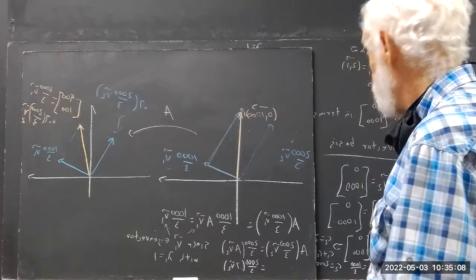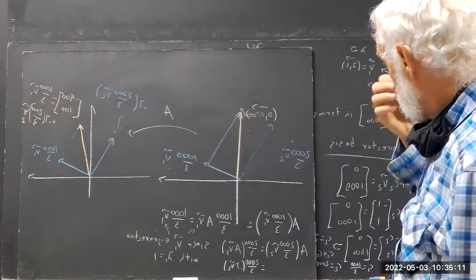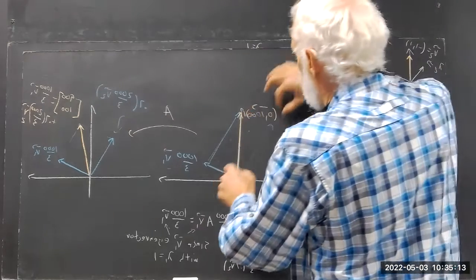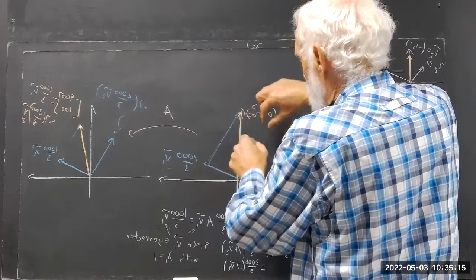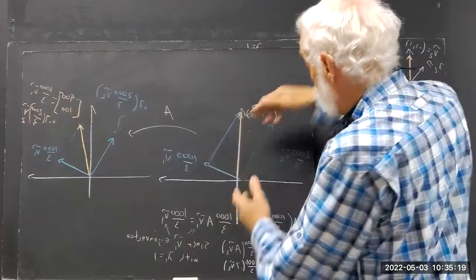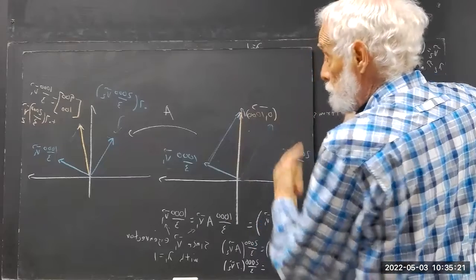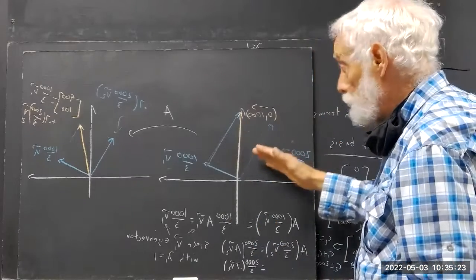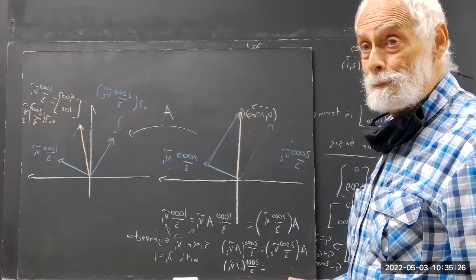Now, geometrically, what's happened is that the component of this vector in this direction never changes. The component of the vector in this direction always shrinks by 70%.